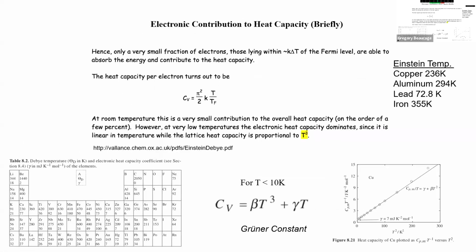And then let's see. So anyway, there's one other contribution you need to know for the homework, which is this: electrons. So you have the atoms and they're vibrating, and then there's also some fraction of electrons that vibrate too, but the energy is so low that you don't see it. kT is the energy, so you don't see the vibration of electrons until you get to like absolute zero.